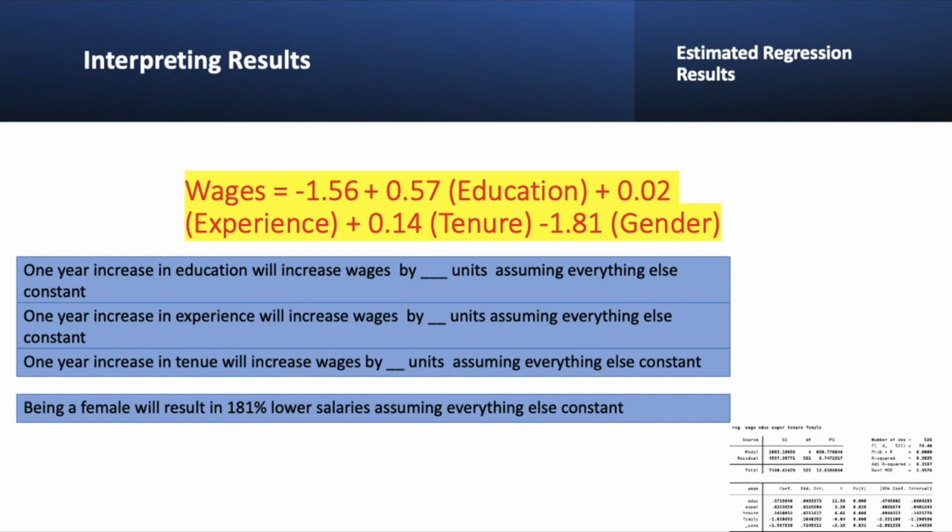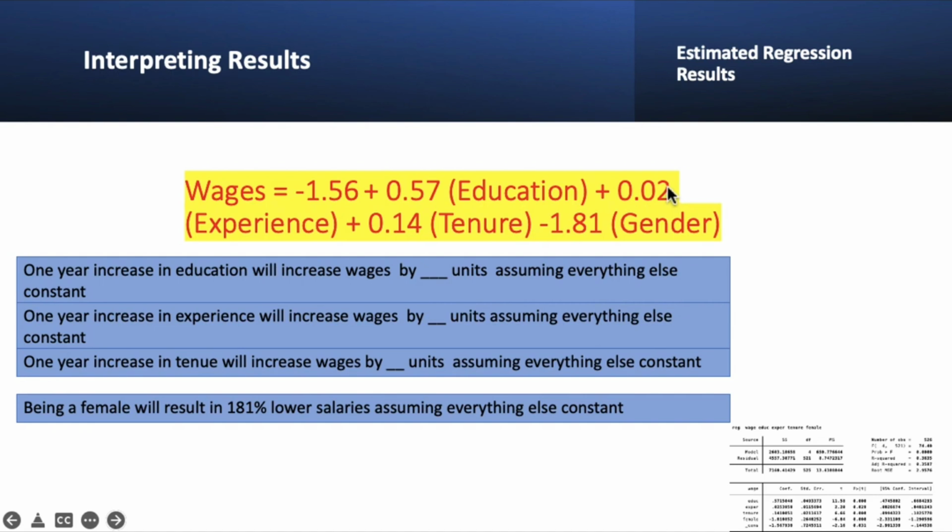And what we're saying over here is that when education increases by 1 year or 1 unit, wages increase by 0.57 units, assuming gender, tenure, and experience remain the same. What we're saying is that when experience increases by 1 year, wages increase by 0.02 units.